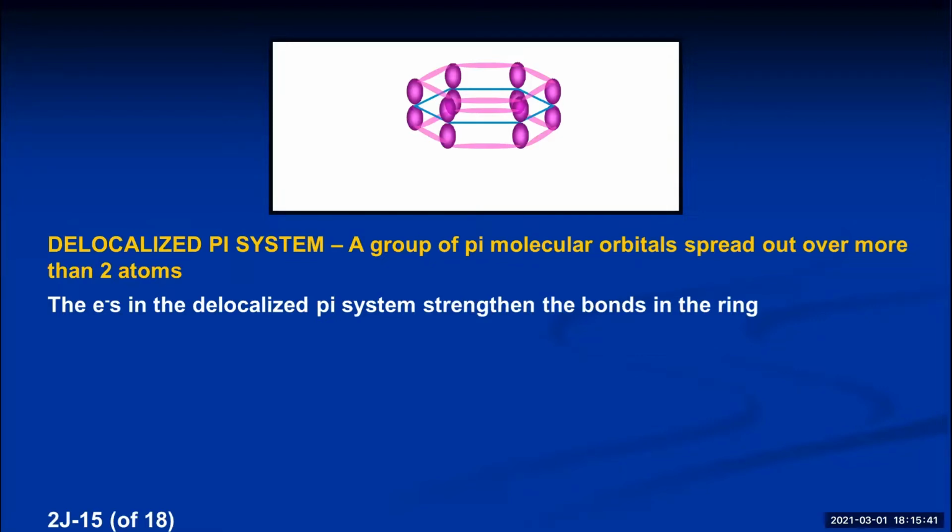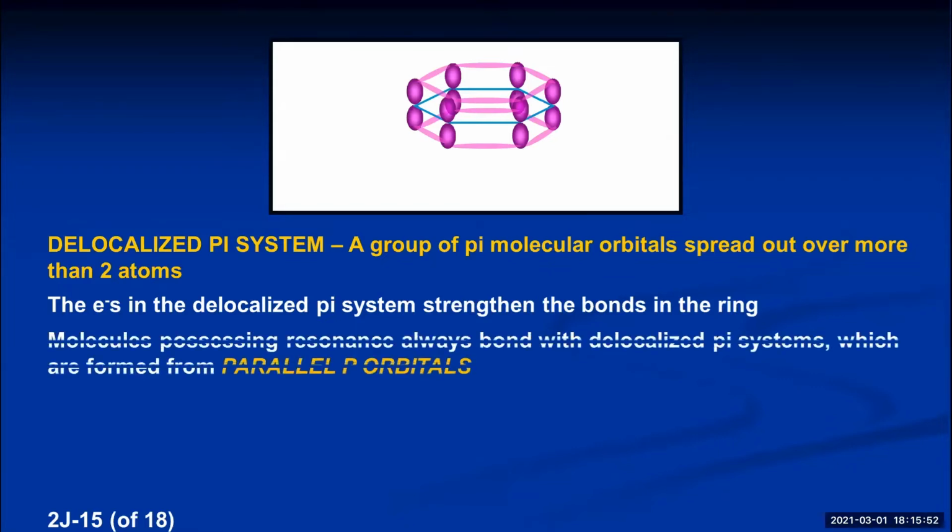So I would use a different term, because they're actually not pointing at each other. What's the word you can use to describe them? It starts with P. Parallel. Parallel, right? Those p orbitals are parallel to each other. So molecules possessing resonance always bond with delocalized pi systems, and they are always formed from parallel p orbitals every single time.